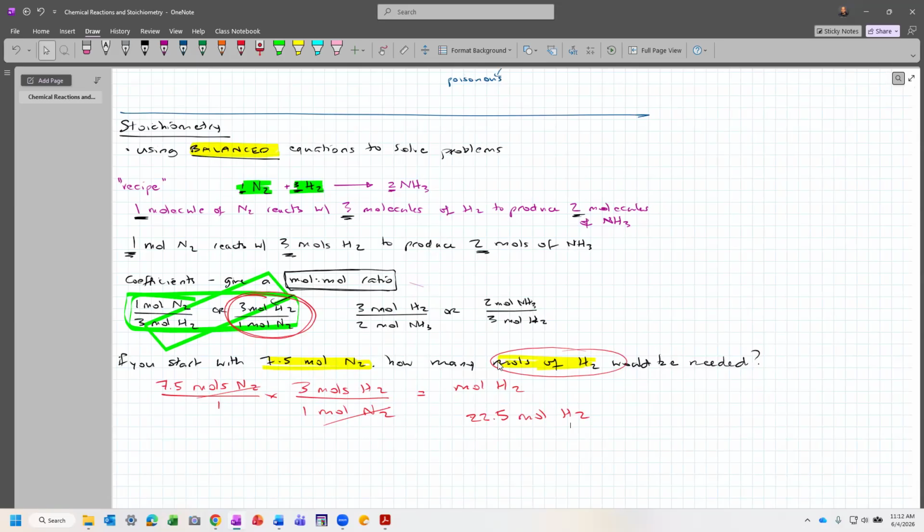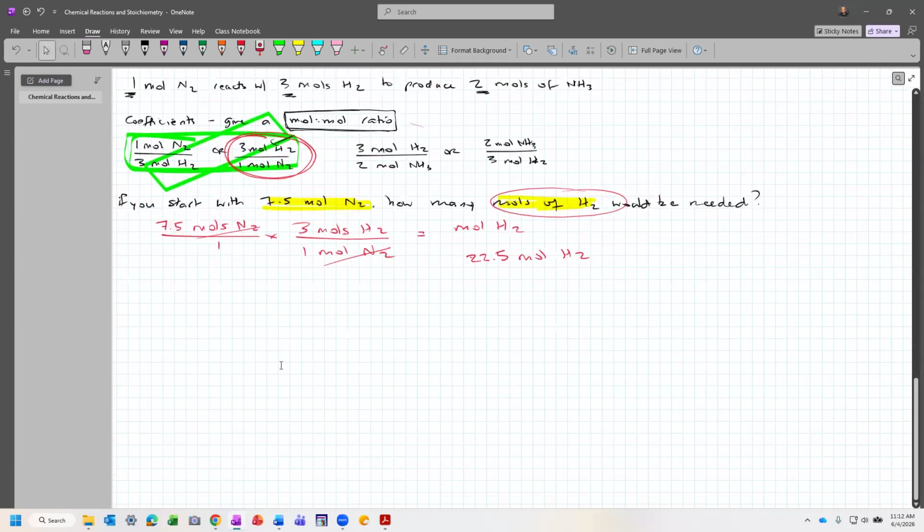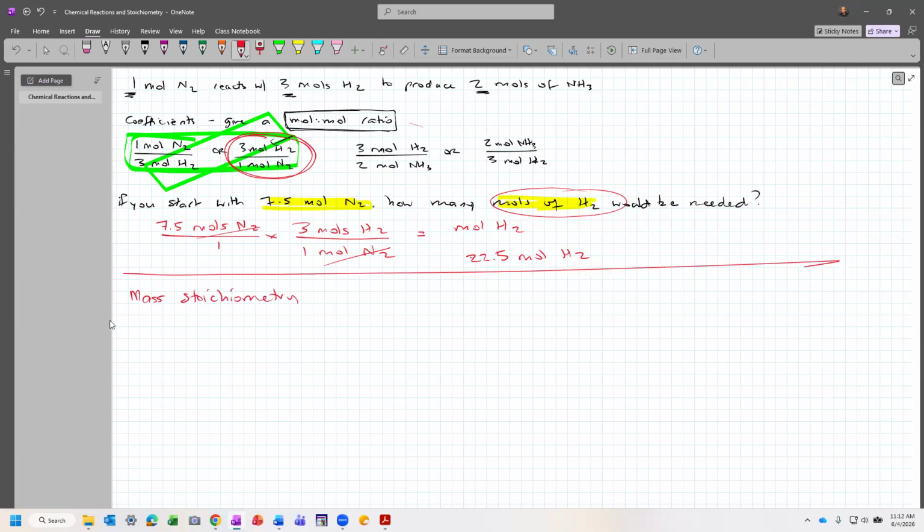Well, we're still going to use the balanced equation, but now we're going to use another thing that you would have seen before. So if I take a look at mass to mass stoichiometry now, we looked at mole to mole stoichiometry above. So mass stoichiometry is going to be the same idea with 1 or 2 additional steps.